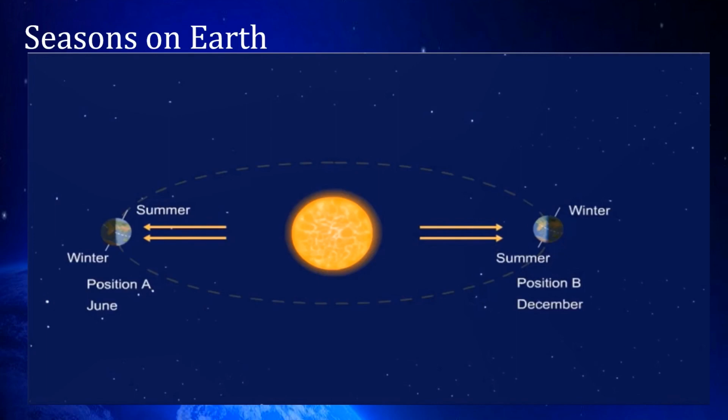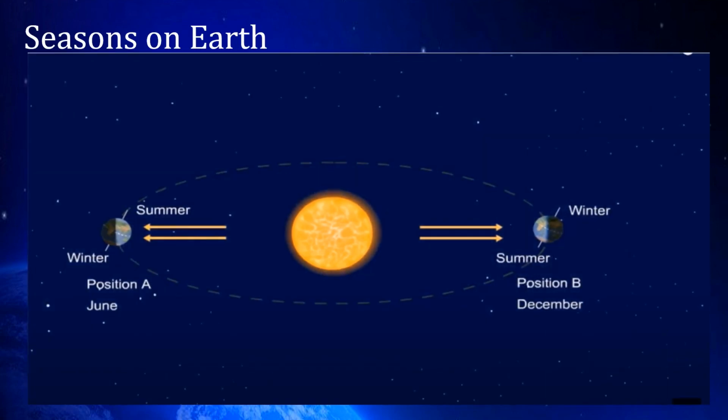In this way, the movement of the earth around the sun results in changing seasons. Again I repeat, the movement of the earth around the sun results in changing seasons.